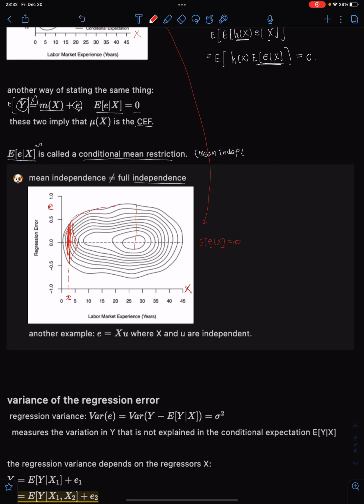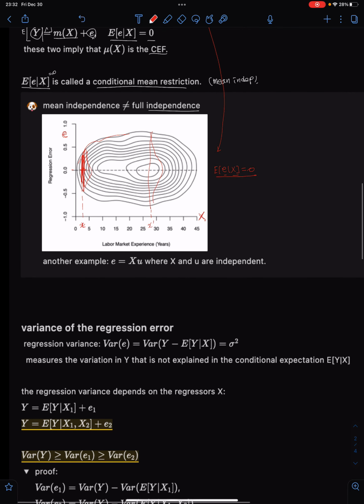But if we condition on these other values of x, then the density of e is different from before. So we can easily see that although e and x are mean independent, they are not statistically independent.